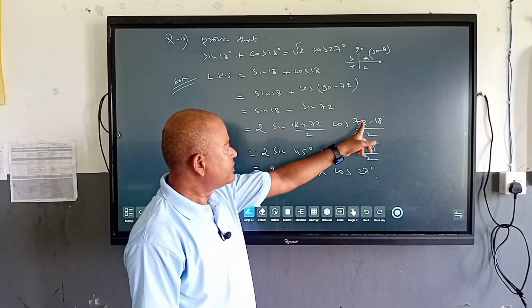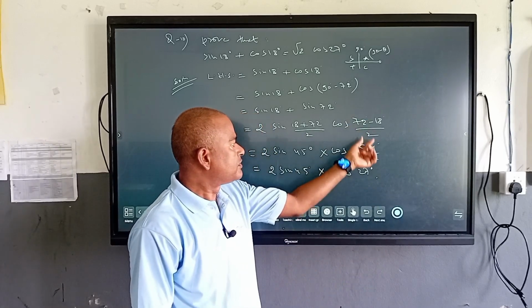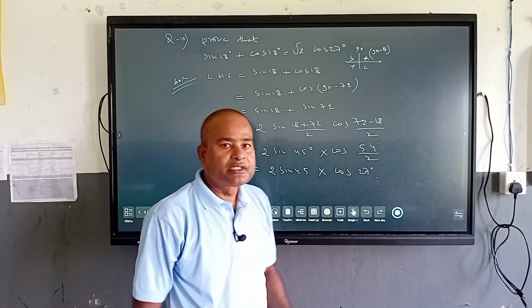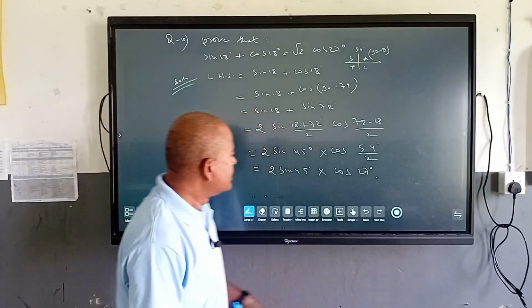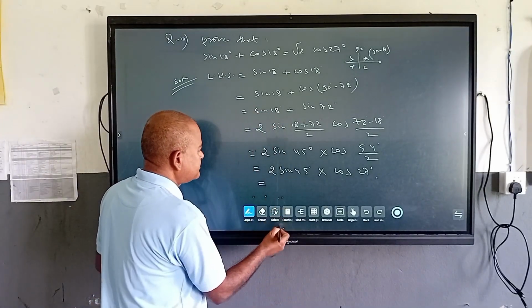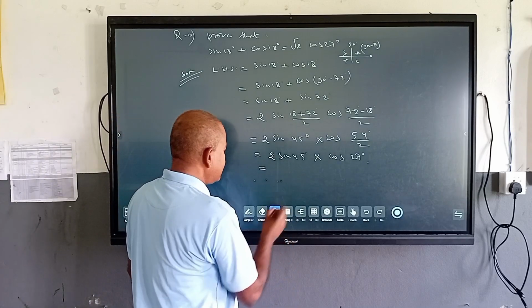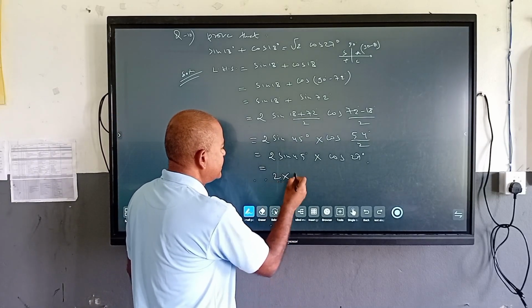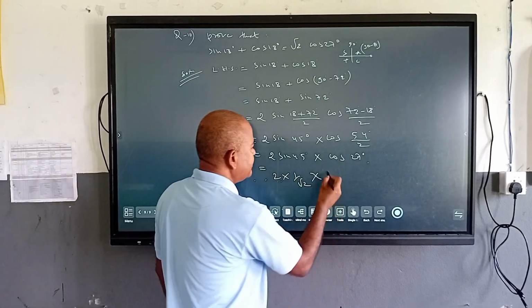So dear students, if we take the difference of 72 and 18 degree, we get 54. 54 divided by 2 we get cos 27, because in the answer also we need cos 27. Now we know that the value of sin 45 degree is 1 by root 2, and cos 27 degree keeping as it is.